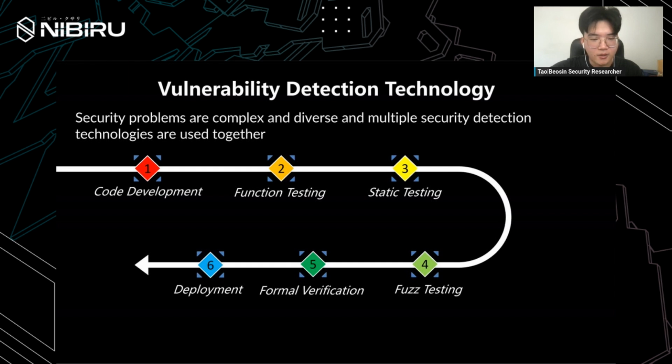And the last parts, fuzz testing and formal verification, will be conducted by the security companies after the audit, and you can modify the code to fix those bugs, and then deploy on the mainnet of a blockchain.